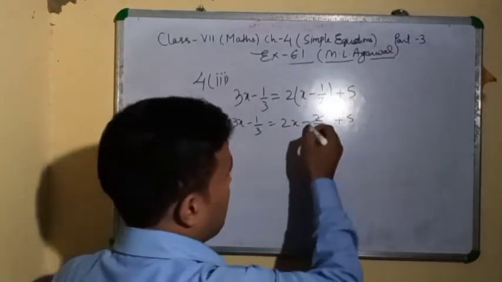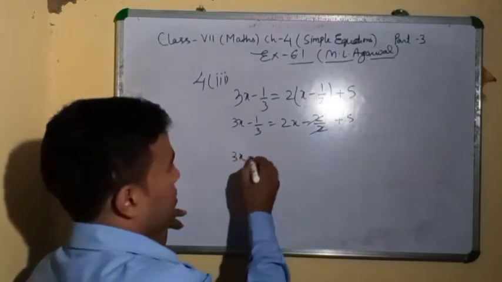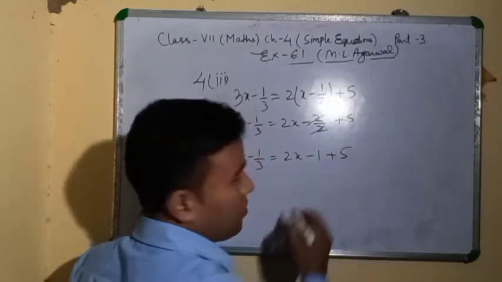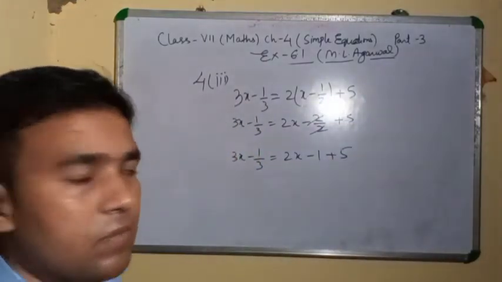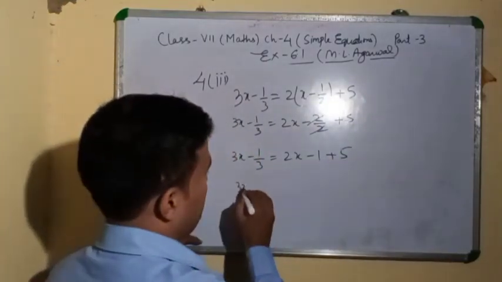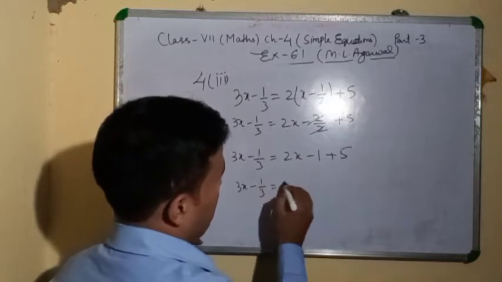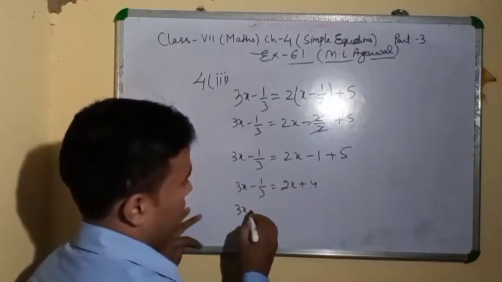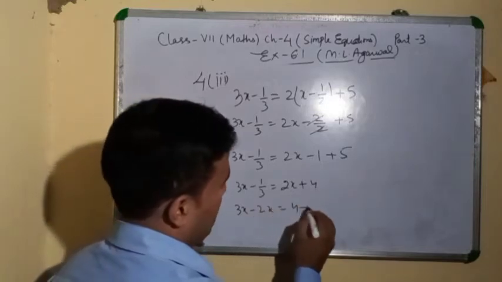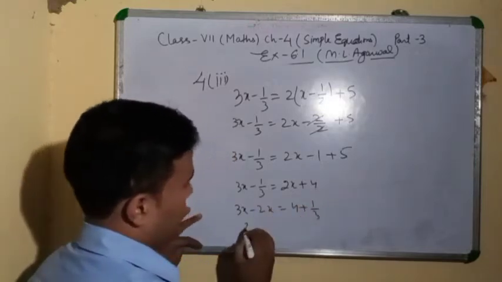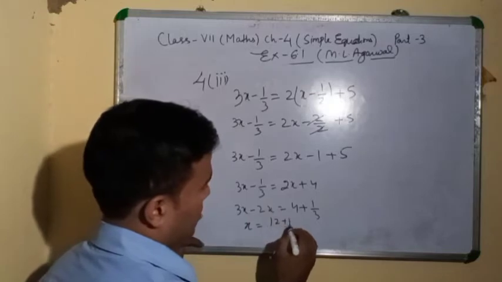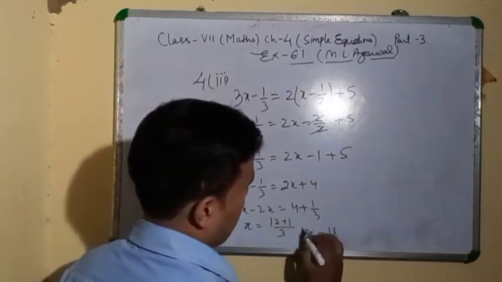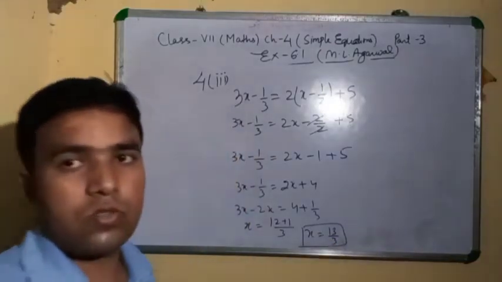Clear? It is cancelled. 3x minus 1 by 3 equal to 2x minus 1 plus 5. And then x equal to 13 by 3. Note down.